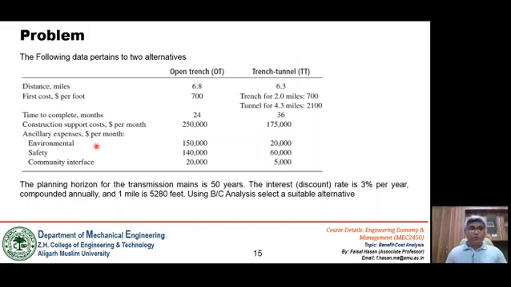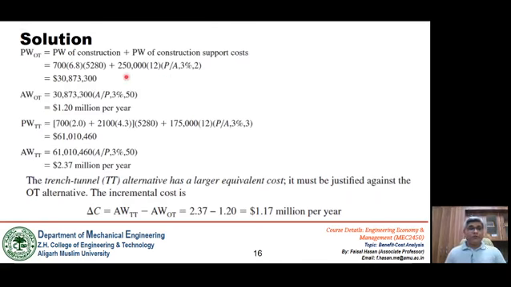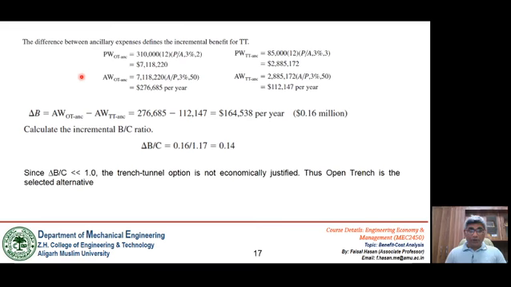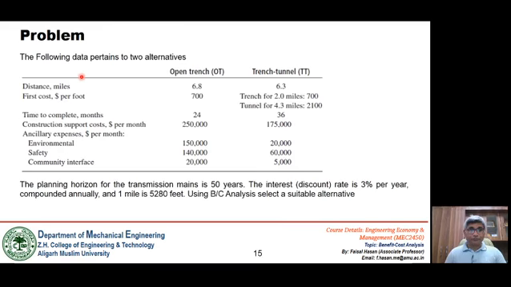The first cost is given as $700 per foot. If we multiply 700 by 6.8, that will give us the total cost. Since some of the data is in feet and some is in miles, we are converting.